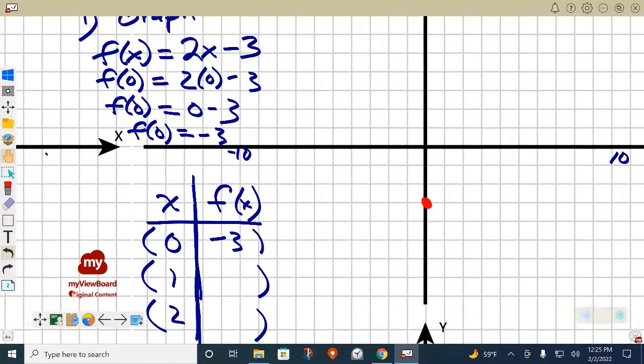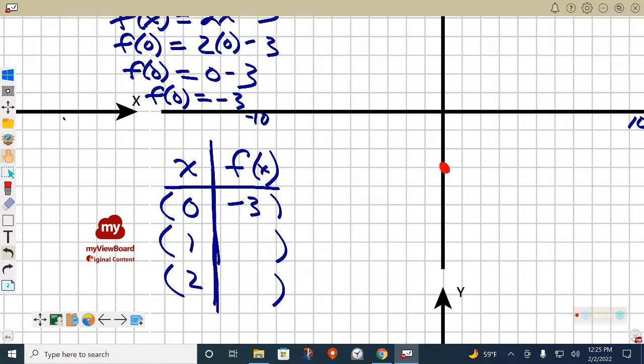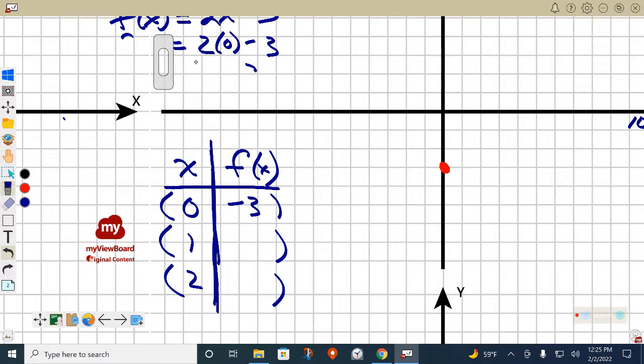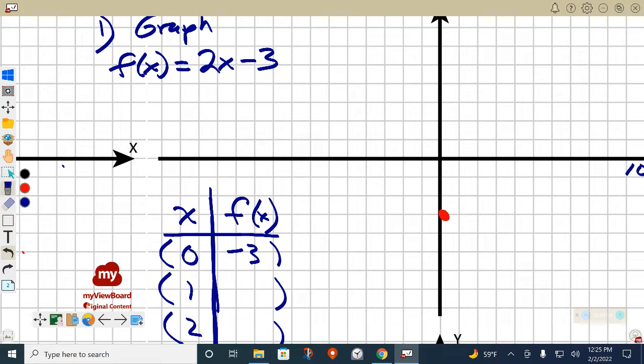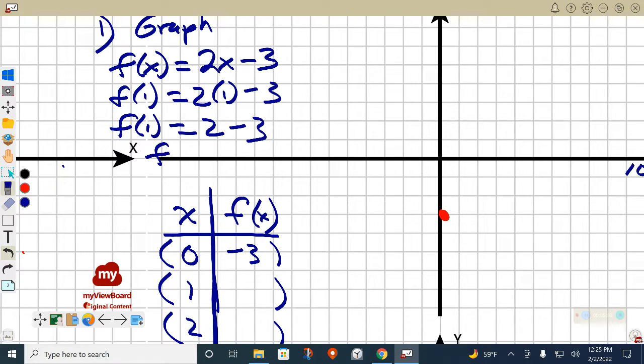Let's do it. The second x value I picked is 1. This should ring a bell if you were paying attention in your math class before. I'm not sure who taught you math before me, but this is basic graphing, right? The function at 1 is 2 times 1 minus 3, so the function at 1 is 2 minus 3, so the function at 1 is negative 1.